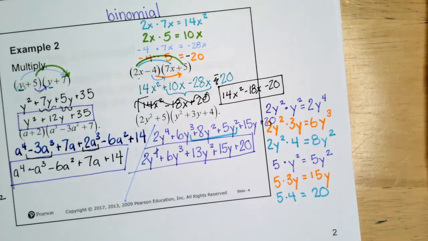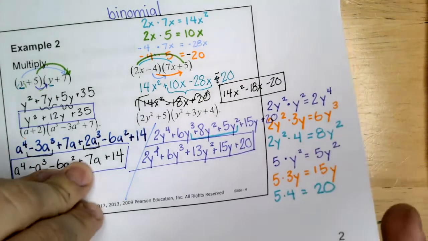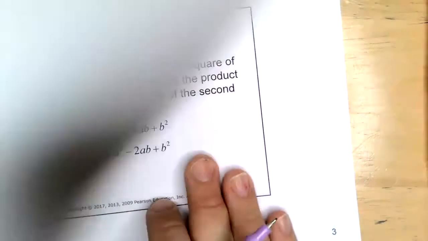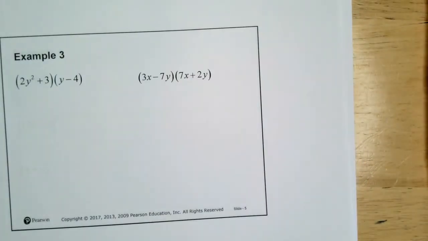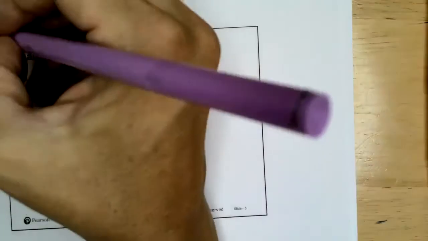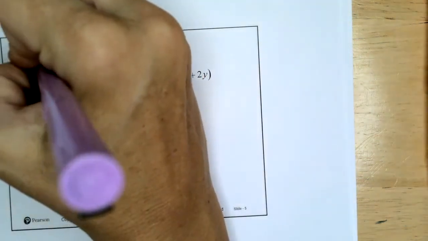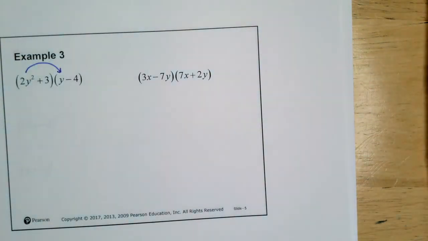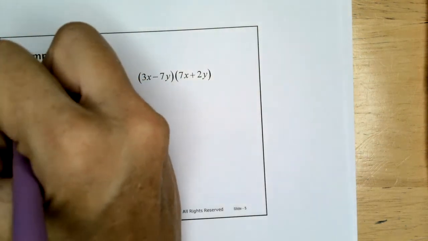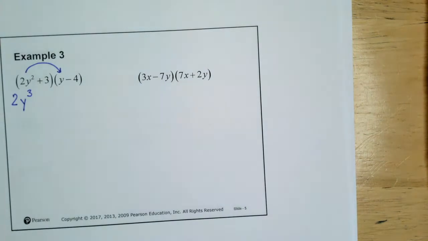All right, so that is practicing multiplying polynomials. Example 3, 2y squared plus 3 times y minus 4. So 2y squared times y, y squared times y becomes y cubed, right? 2y to the third.